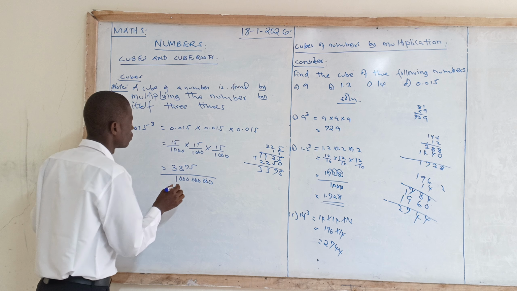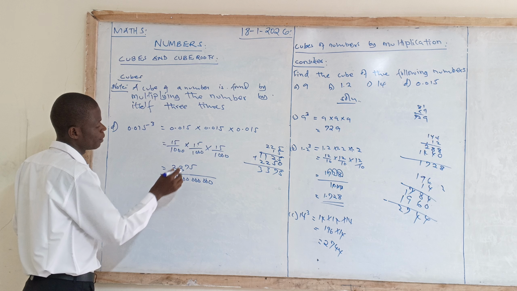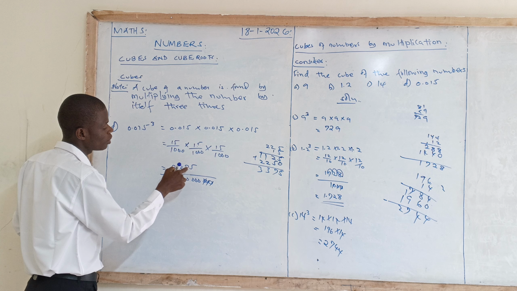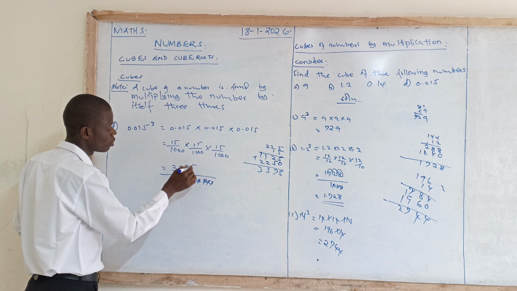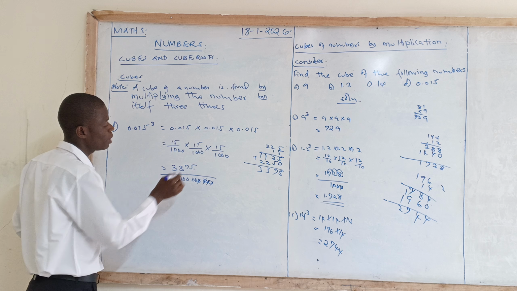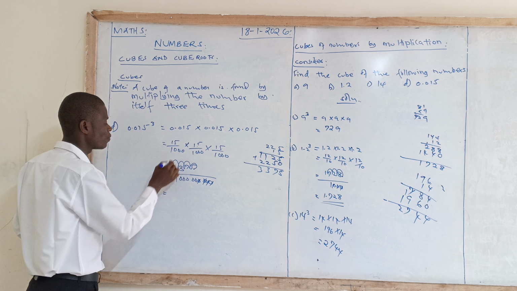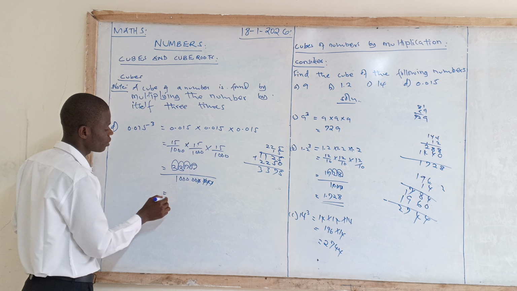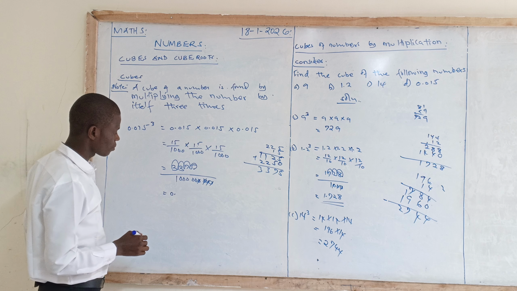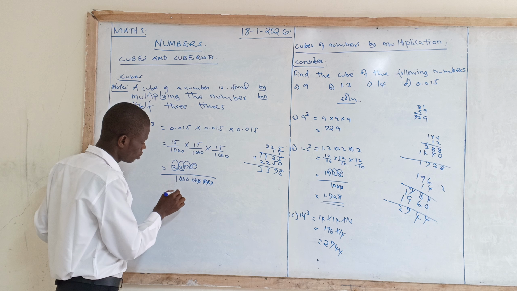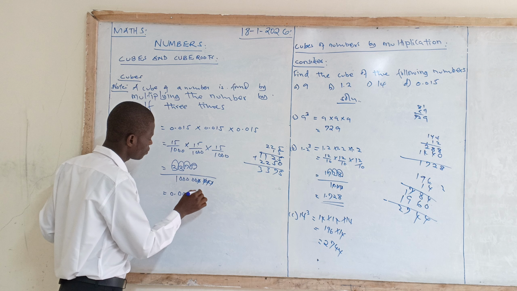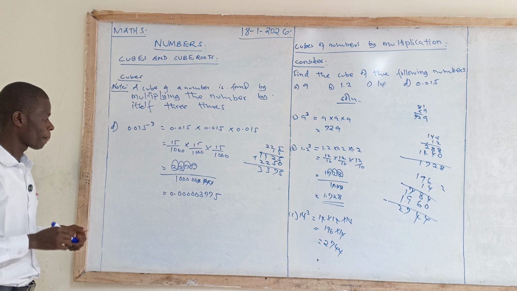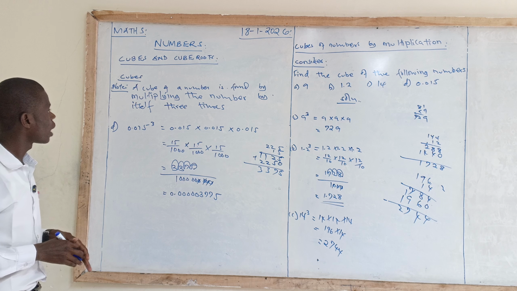So the decimal point is there for a whole number. 1, 2, 3, 4. So how many zeros are remaining? 1, 2, 3, 4, 5. So it is 0.000003375. So that is our answer.